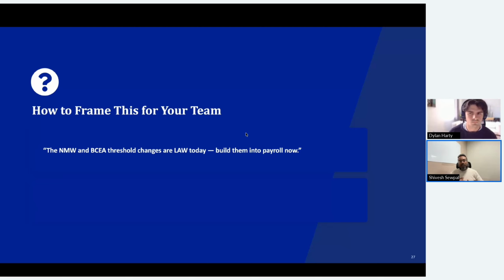This slide is really about how to communicate the message internally. I would frame it as follows. The national minimum wage and Basic Conditions of Employment Act threshold changes are enforced now. Payroll and contracts must reflect them immediately. The Labor Law Amendment Bill is not yet law, but it gives us a good indication of where regulation is heading.